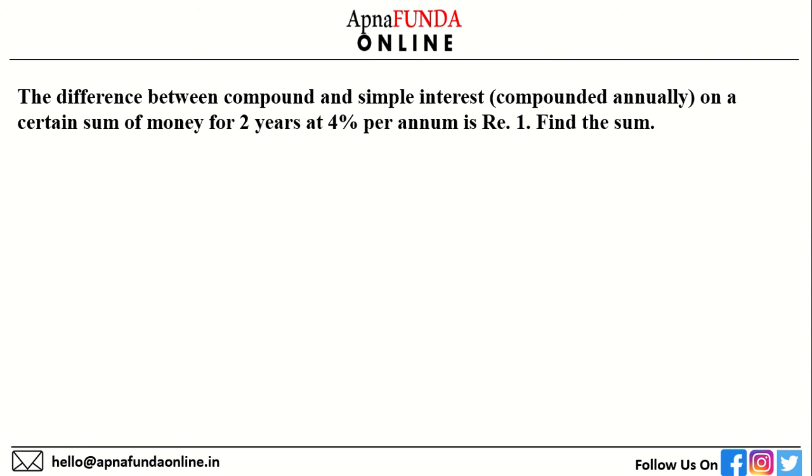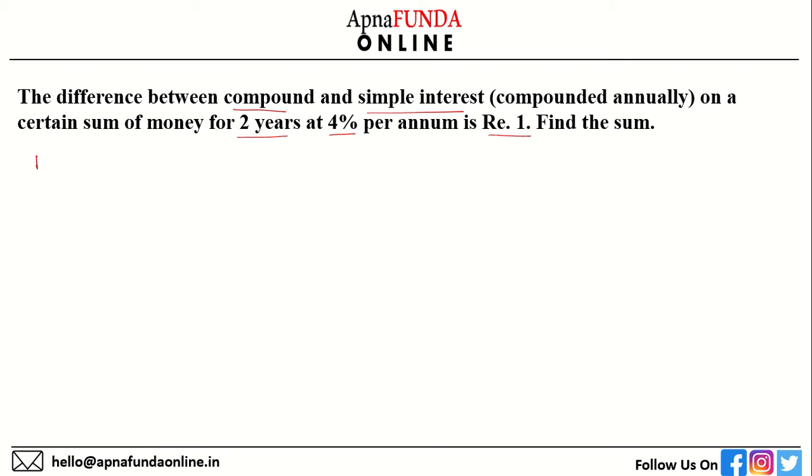Let's solve this. What is given to us is the difference between the compound and simple interest, which is rupees 1. There is a particular sum of money, which we are not aware of, that has been invested for 2 years at 4% per annum under both compound and simple interest.